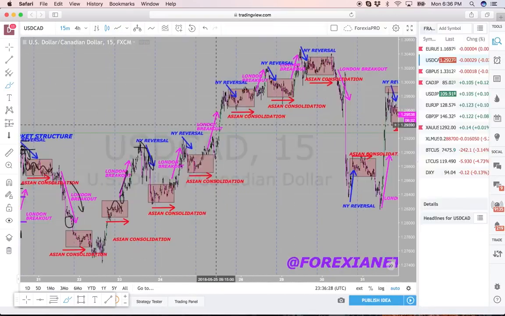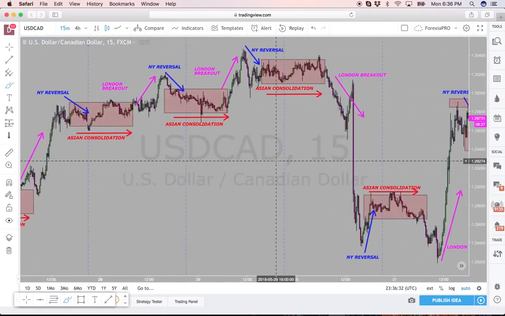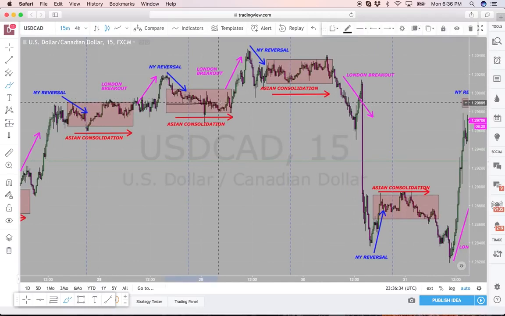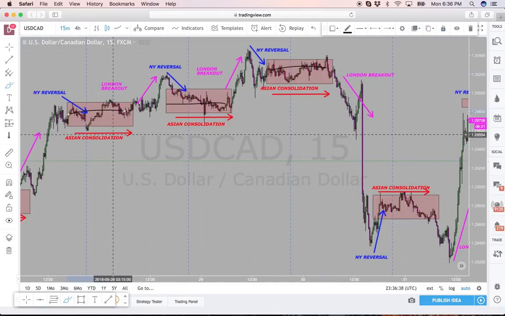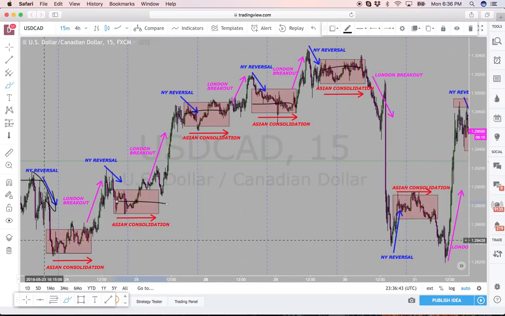Asian session consolidation here is just to extend time. Okay? It's to get retail traders out of their positions and to accumulate orders.